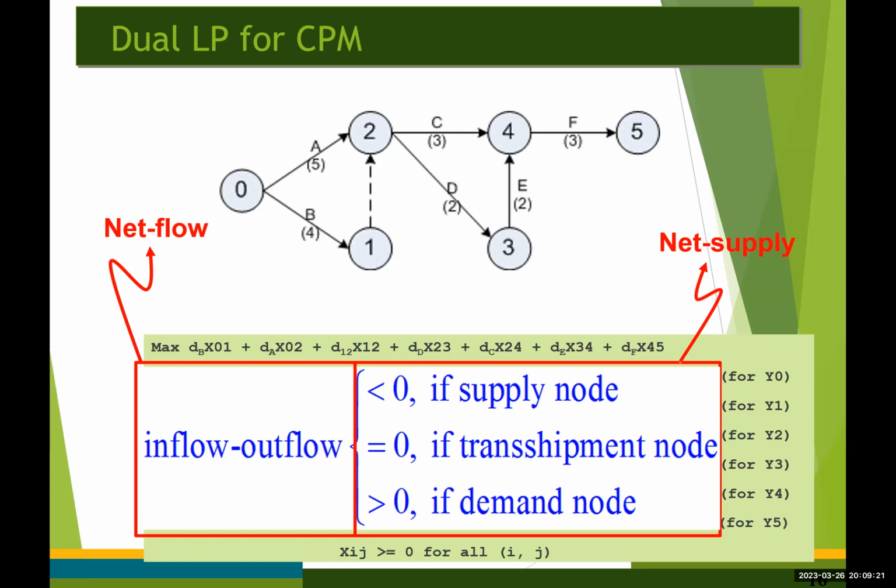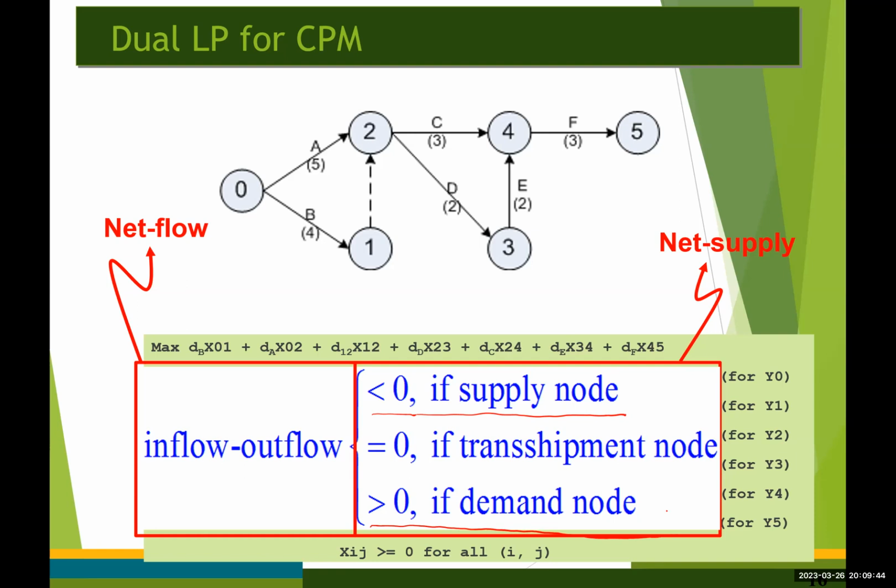So the value of the right-hand side is going to be negative if node number i is the supply node, and positive if node number i is the demand node.